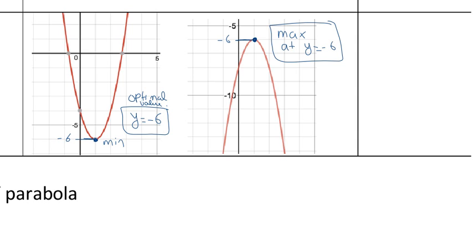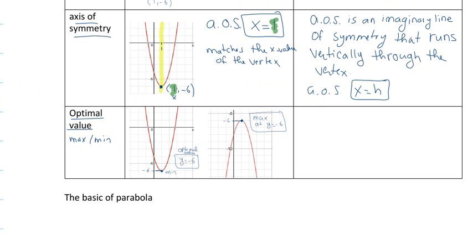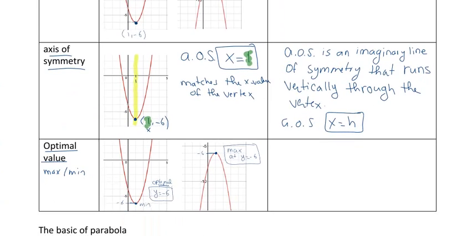I'm just going to zoom out for a second, and I'm going to ask you, if you're looking at your vertex, which we looked at right here, what part of the vertex does the optimal value match? Does it match the x or does it match the y? The y. Right? So the vertex is made up of two things.